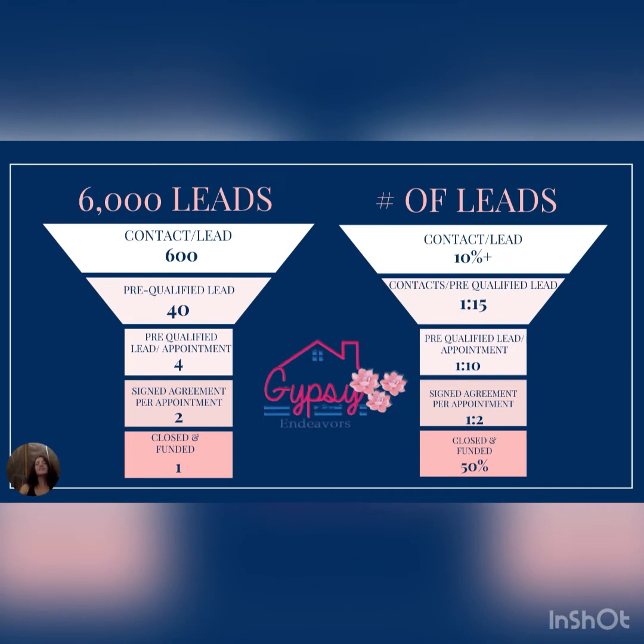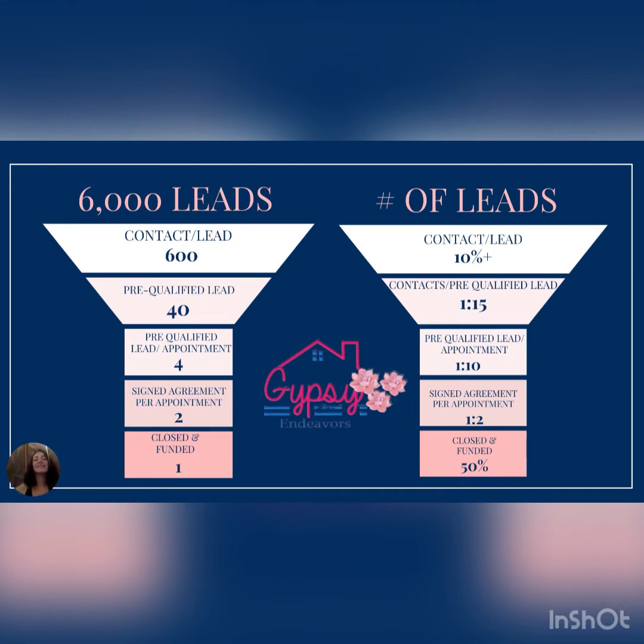If our goal is to have 1 deal closed and funded, we know that we're going to need to set 4 appointments. 4 appointments with sellers. Sellers that have been pre-qualified and meet all of our qualifications. Okay, so if we have 1 deal closed and funded, we have to account for a 50% fall through ratio with our end buyers, okay, with our investors.